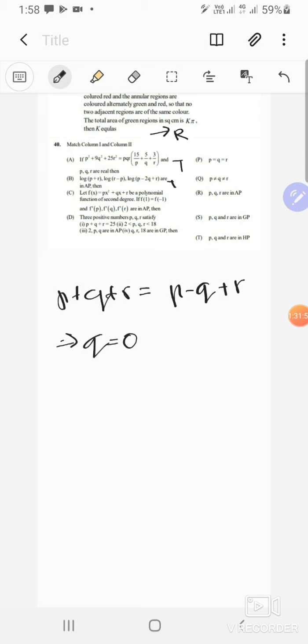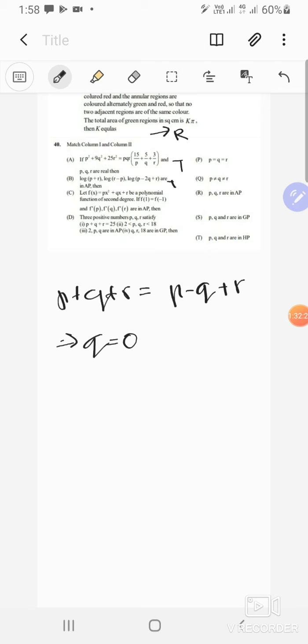Okay, fine. Then obviously p, wait a second, and p, q, r are in an AP. Okay, fine. We know p, q, r is supposed to be an AP, but what if p is equal to q equals r?